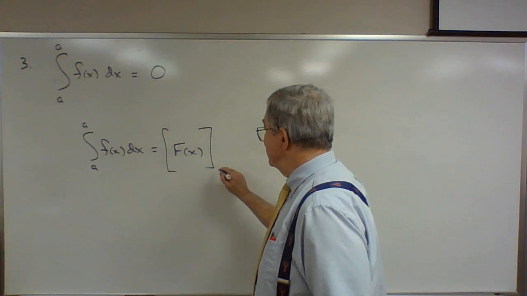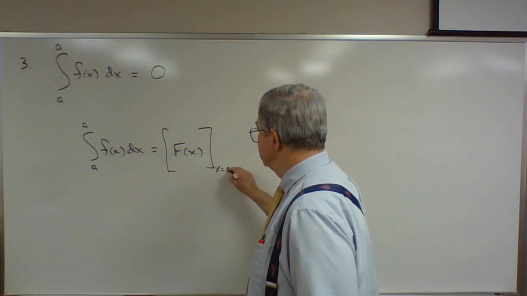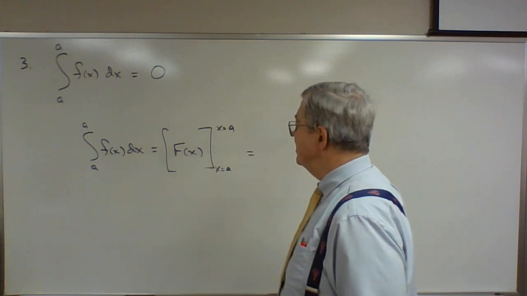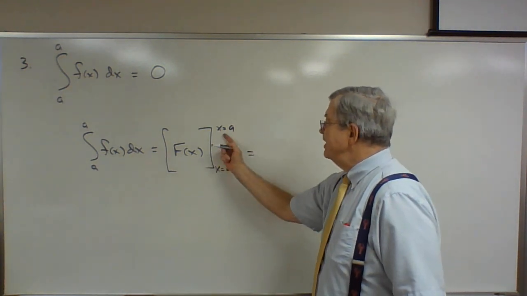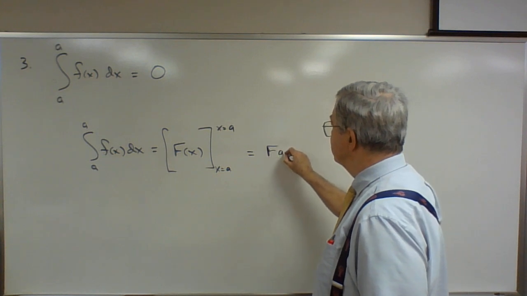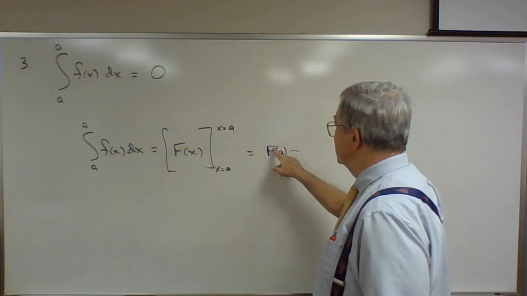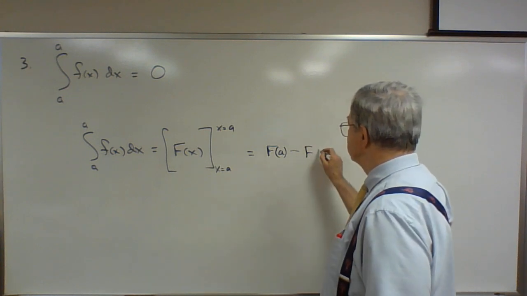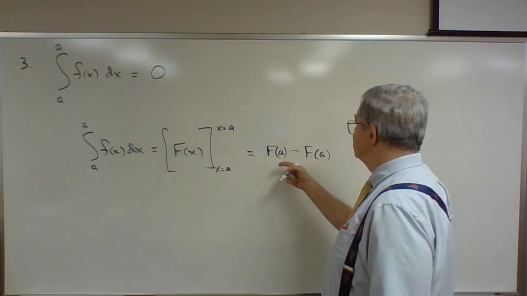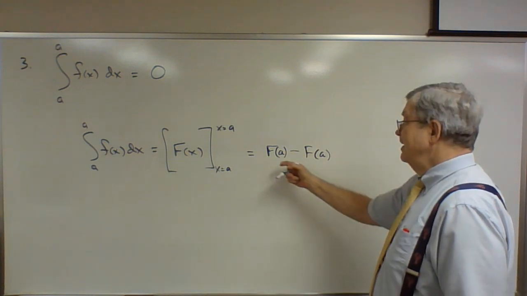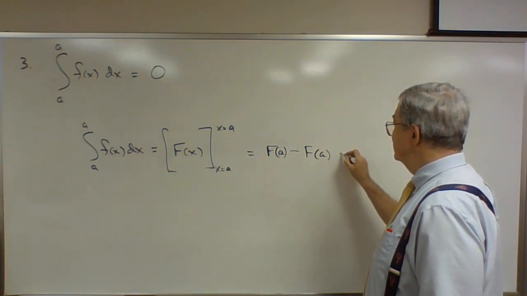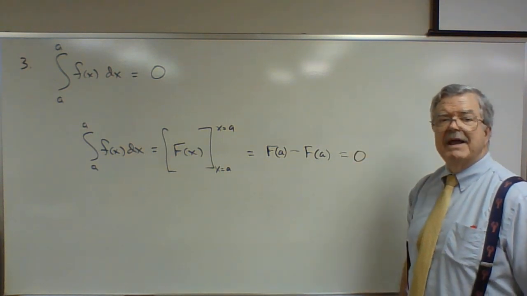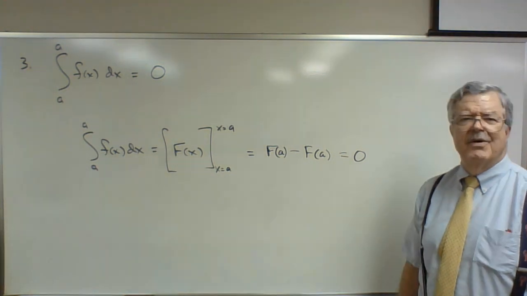And we're going to evaluate this from the lower limit, x equal a, to the upper limit, x equal a. First thing we do, we plug in the upper limit, and then we plug in the lower limit, and we subtract one from the other. Capital F of a minus capital F of a is 0. That's why it works numerically or algebraically.